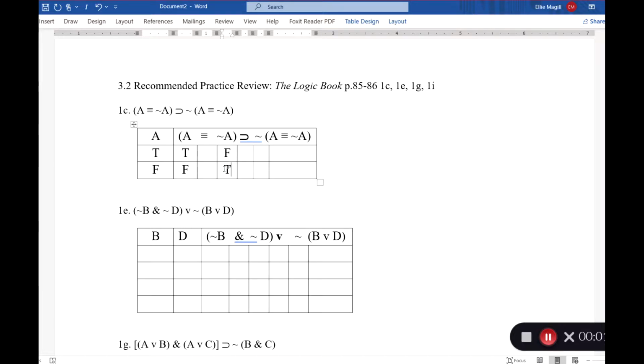And now we evaluate this biconditional so that we can have the truth value for our antecedent. From the characteristic truth table, which I hope you remember, biconditionals are true when the truth values match and they're false otherwise. So here we have true and false because we have it and its negation, and then here we have false and true. So it's false on both of those rows.